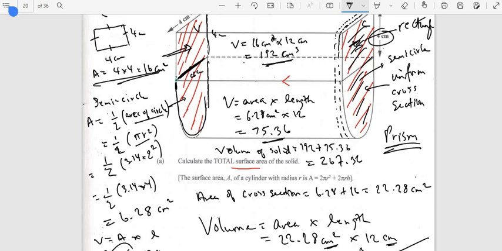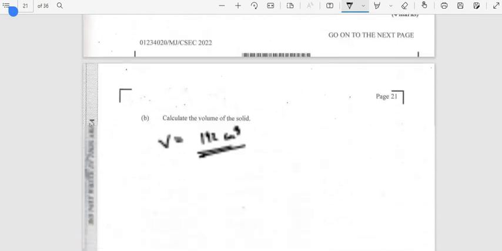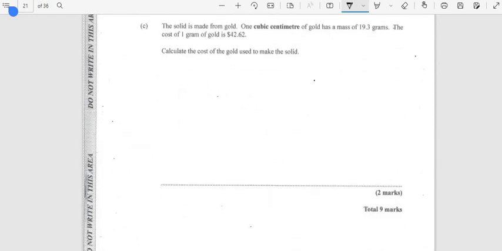All right, so we did calculate the volume, and in part C, we're told that the solid is made from gold, and that 1 cubic centimeter of gold has a mass of 19.3 grams.